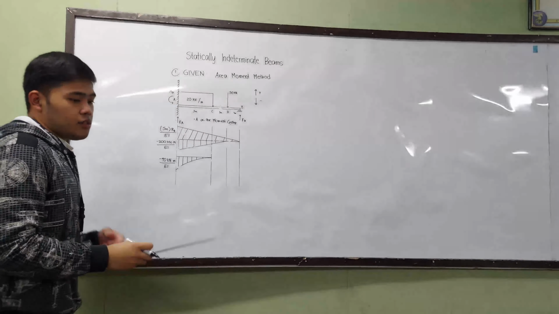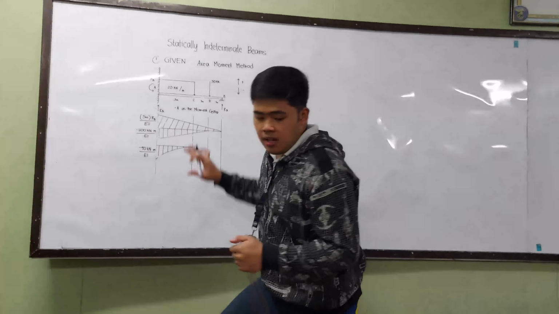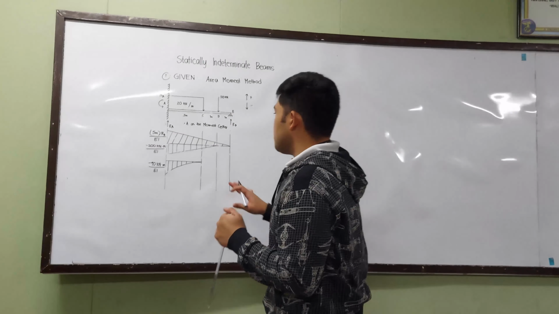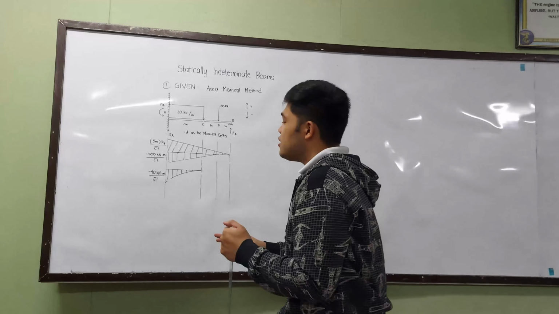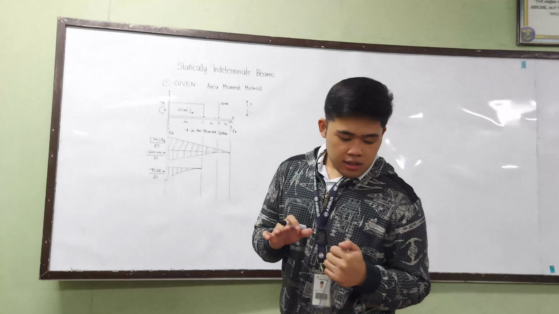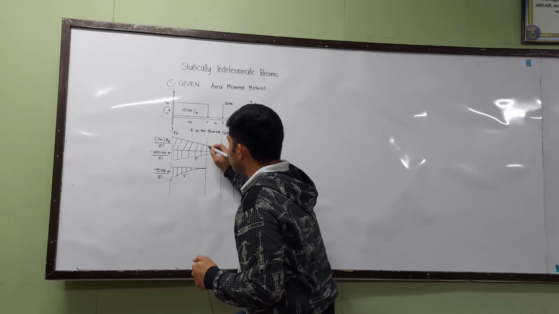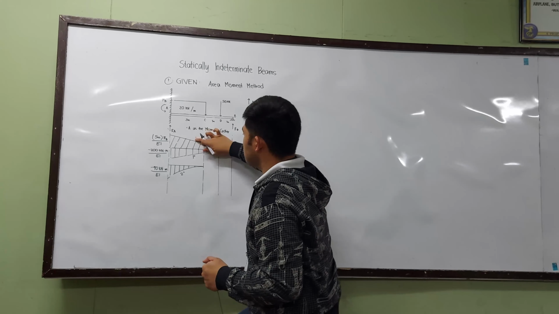Okay. Now we can classify our diagram. The first incline is first degree, and the parabolic one is second degree. Always second degree. Okay? So second degree, first degree, first degree.